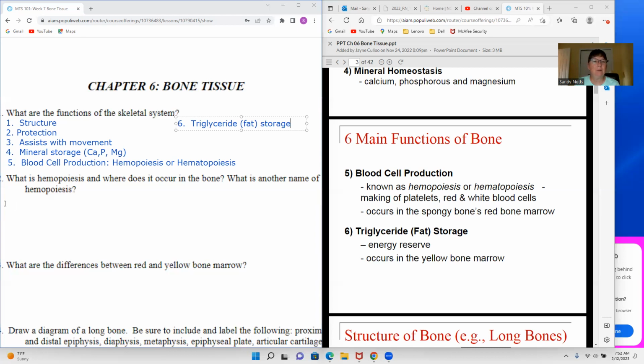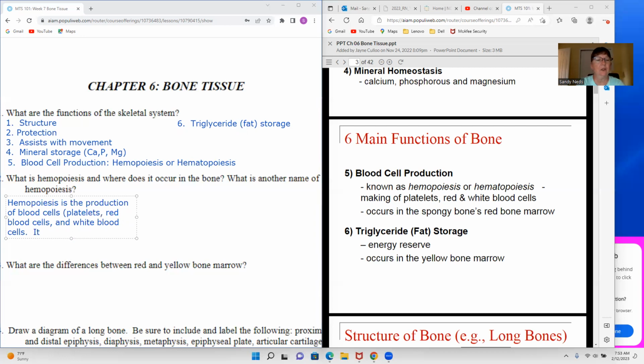What is hemopoiesis and where does it occur? So hemopoiesis is the production of blood cells. That includes platelets, red blood cells, and white blood cells.